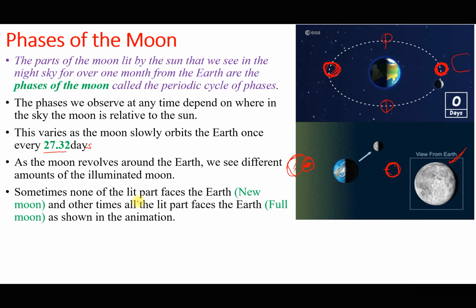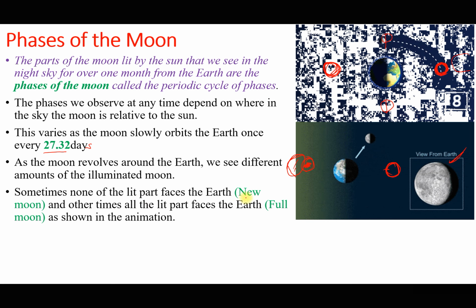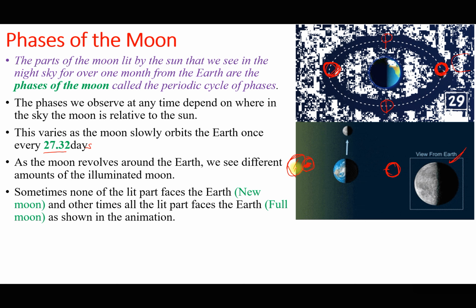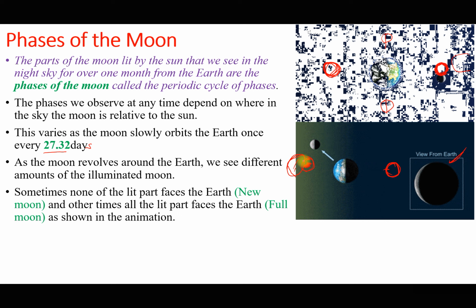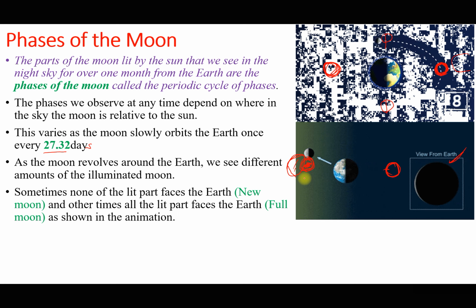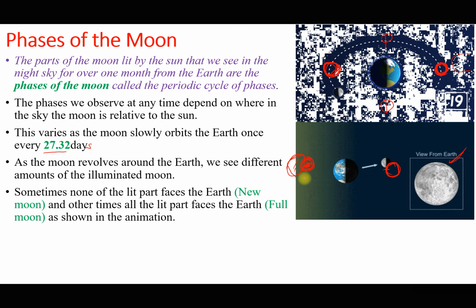Sometimes none of the lit part faces the Earth. That's when we have the new moon. For example, if the moon comes between the sun and the Earth, it means the part which is lit is facing the sun. So for us, we only see a ring around the moon if there is a total lunar eclipse. If there is no total lunar eclipse, we completely don't see the moon.